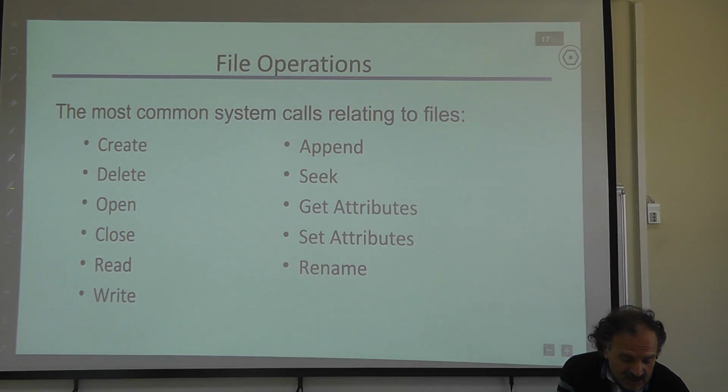These are all defined by the operating systems, and you have the interfaces for these system calls. You call your functions that call these system services, and you get all of your operations performed on a file.